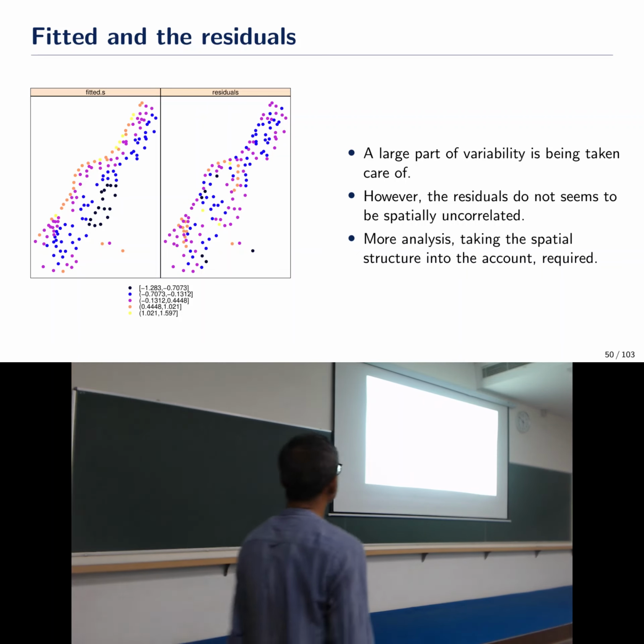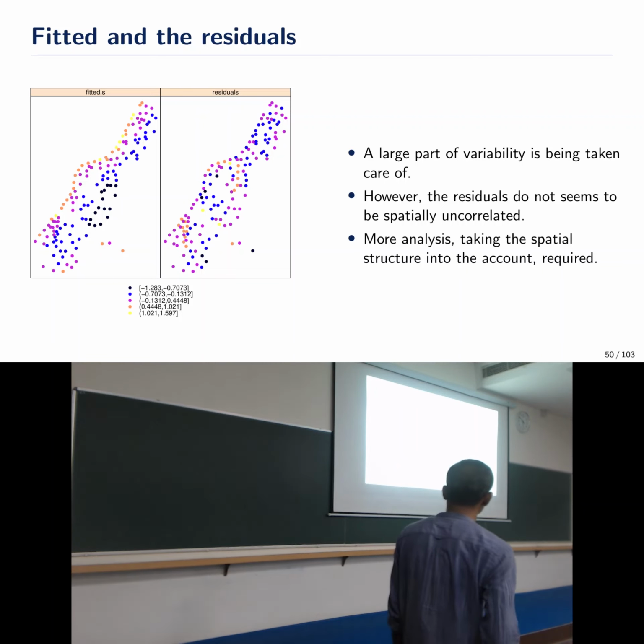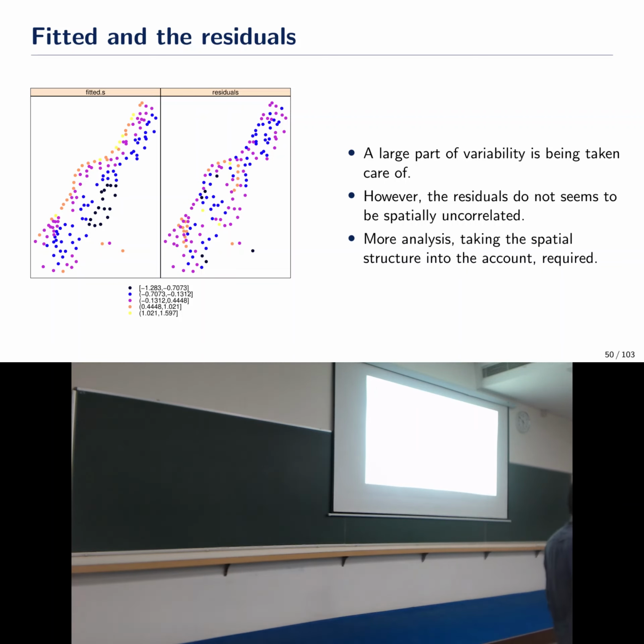The left one is the fitted values, the right one is the residuals. What you observe is that, truly, the fitted values explain the major variability of the data, but we cannot really say from this that the errors are spatially uncorrelated.